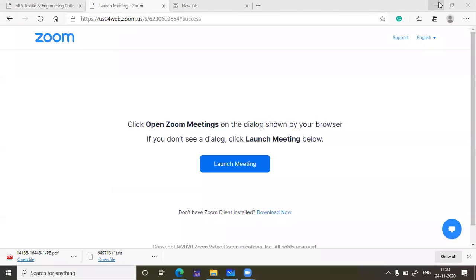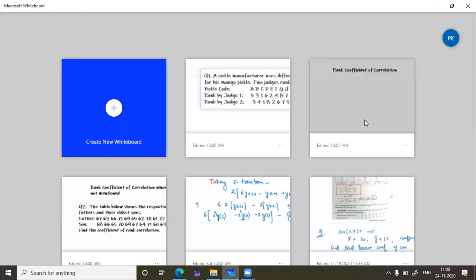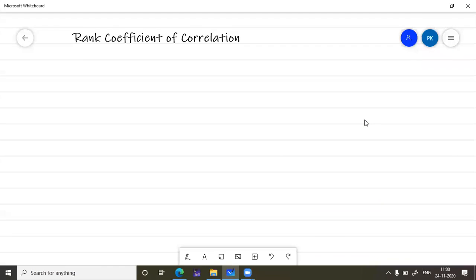Yes, ma'am. Okay. So continue on correlation analysis. In the last lecture, we studied Karl Pearson's coefficient of correlation. Now the next topic is rank correlation. This is the other method for finding the correlation, and it was given by Spearman, a British psychologist.